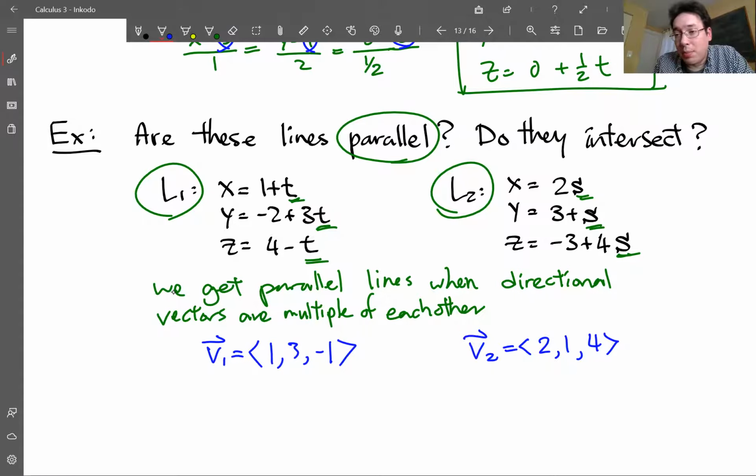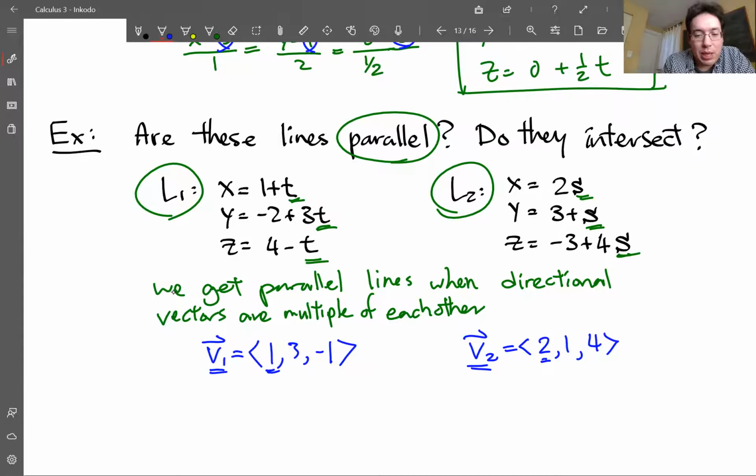These are not multiples of each other, right? Just looking at the first component, if V1 was a multiple of V2, then V2 should be twice the vector V1.